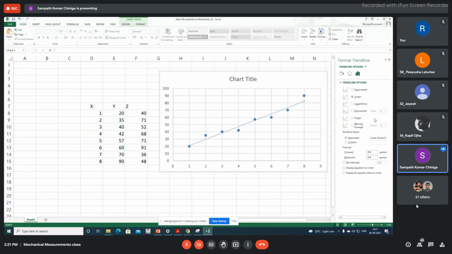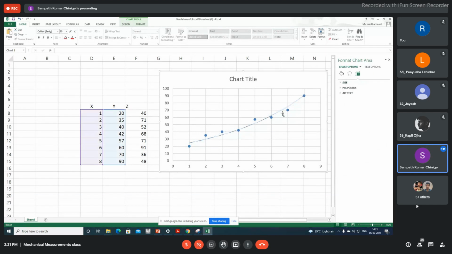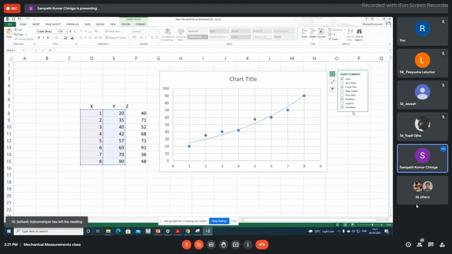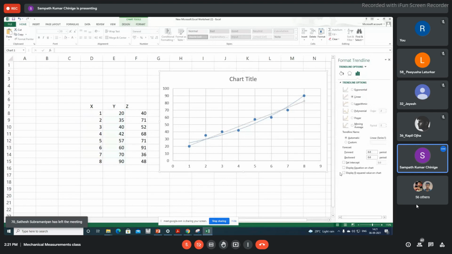Now you can see here, suppose I put an exponential, take out linear, delete this linear. And if I have this exponential term, and you want its equation, display equation, you can see a e power bx.